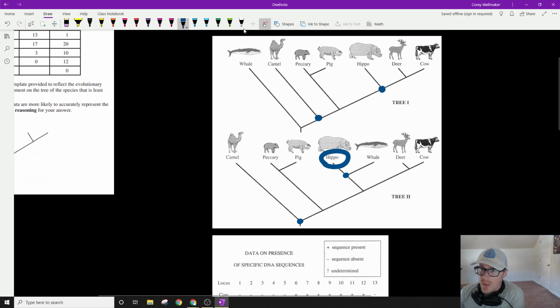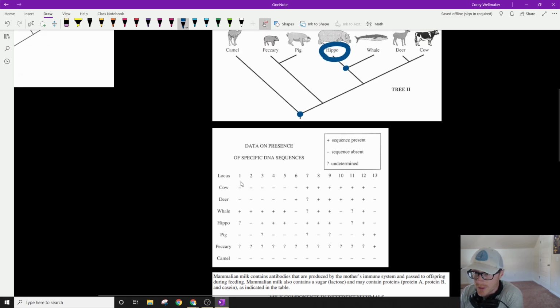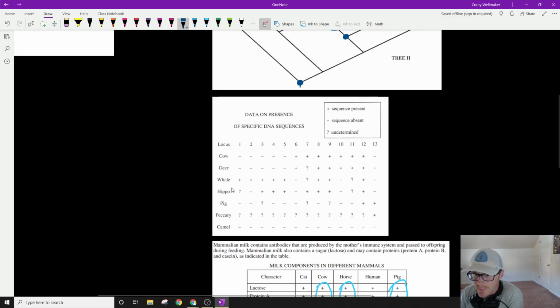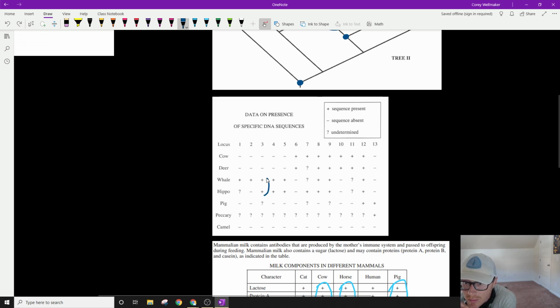So in the top one, the whale is the outgroup. So everything should look much more closely related to each other than the whale, according to the top cladogram. But if you look at this, you can see that when you compare the whale and the hippo, there's 1 similarity, 2, 3, 4, 5, 6, 7, 8, 9.